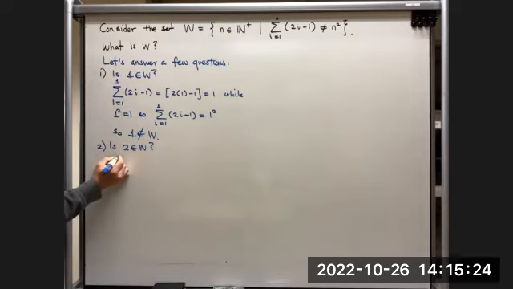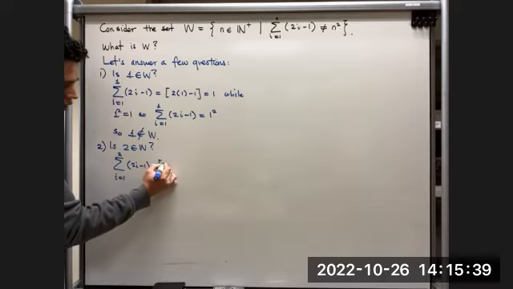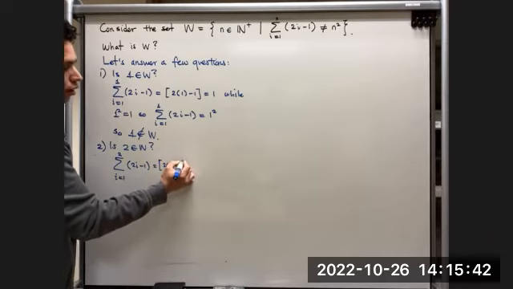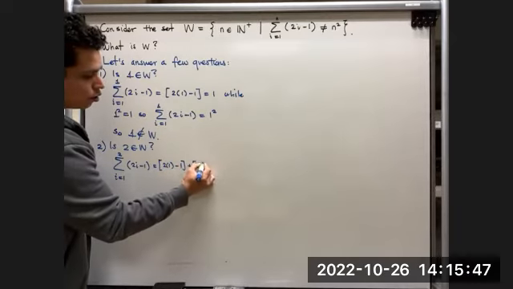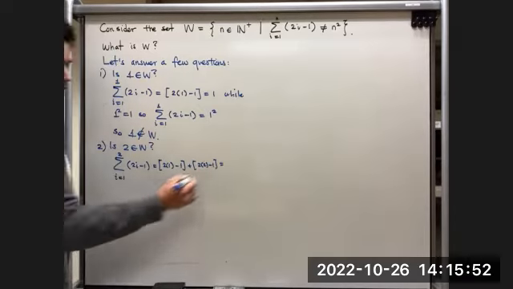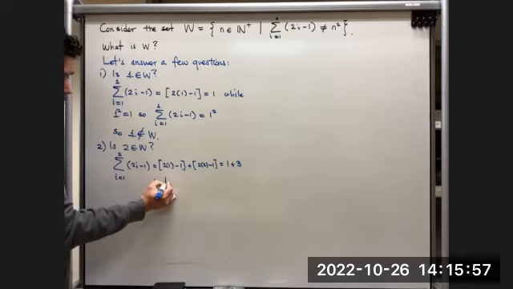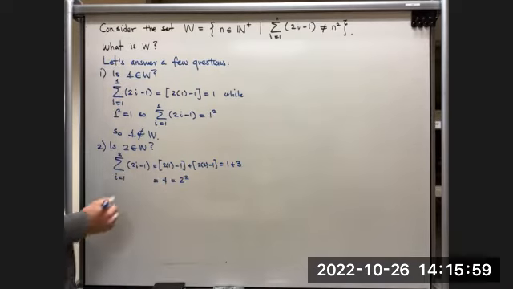Well, similarly, I have the sum ranging from 1 up to 2 of the expression 2i minus 1, which now results in a sum with 2 terms, namely 2 times 1 minus 1 plus 2 times 2 minus 1, which of course now becomes 1 plus 3, which indeed is 4, which is 2 squared.